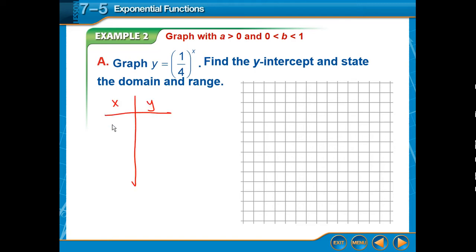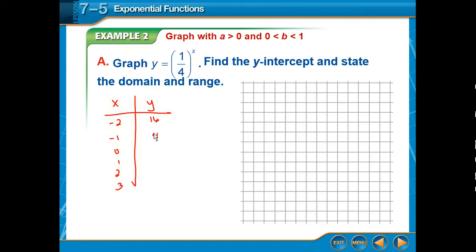So if I start with -2, -1, 0, 1, 2, and 3, when I plug those in, 1/4, so 0.25 to the -2 gives me 16. 0.25 to the -1 is 4.